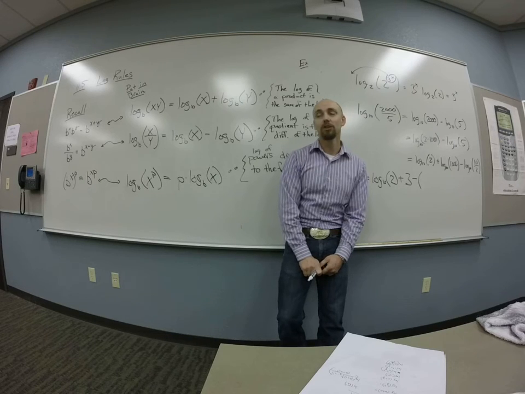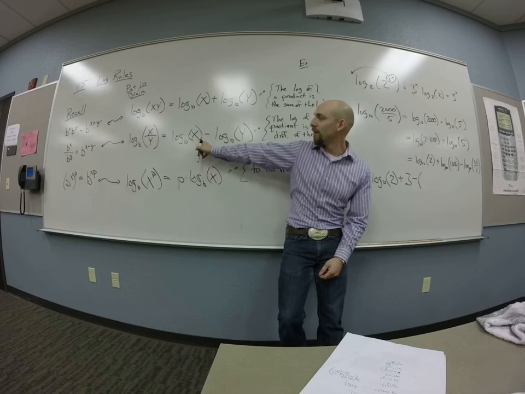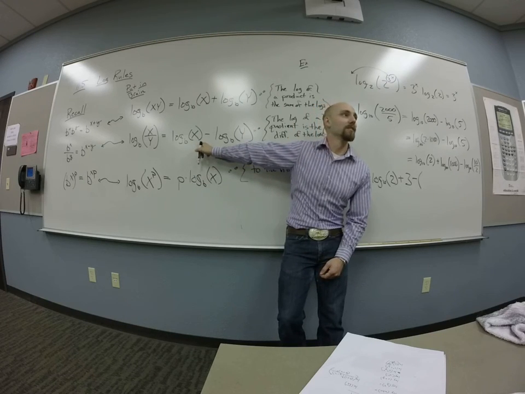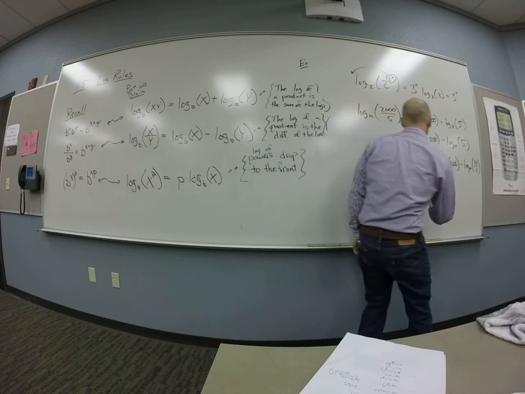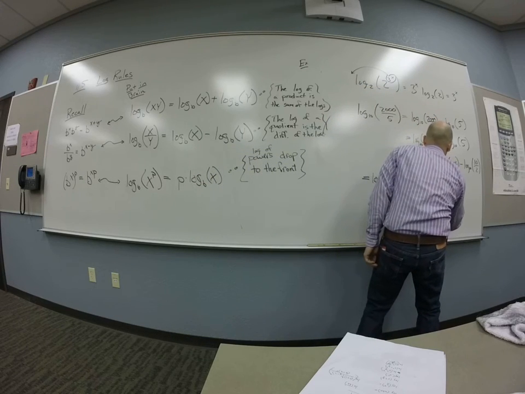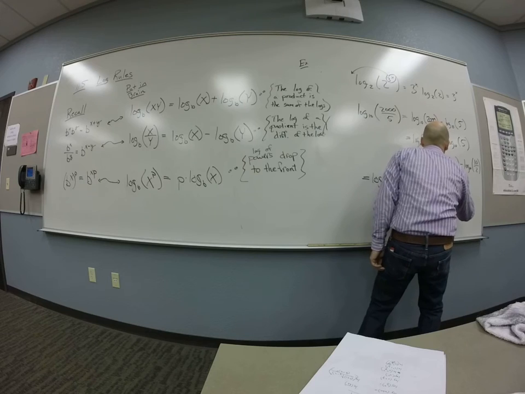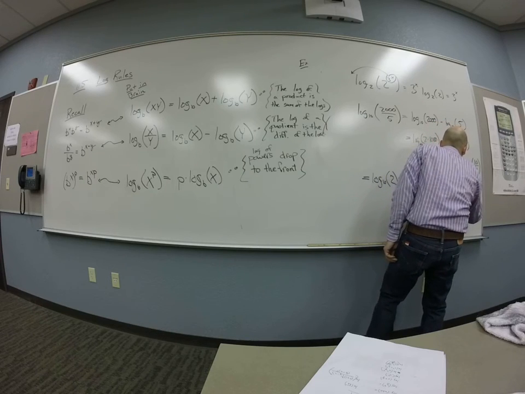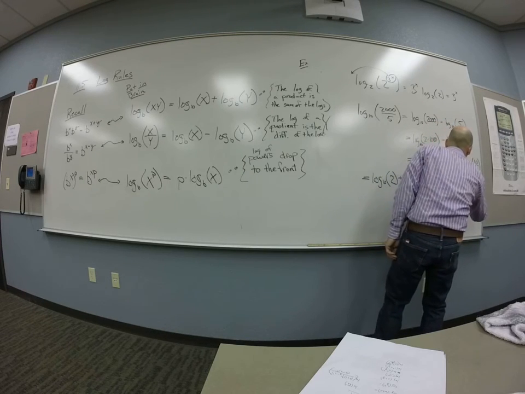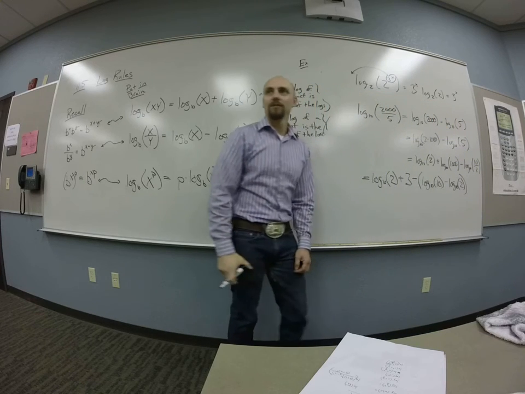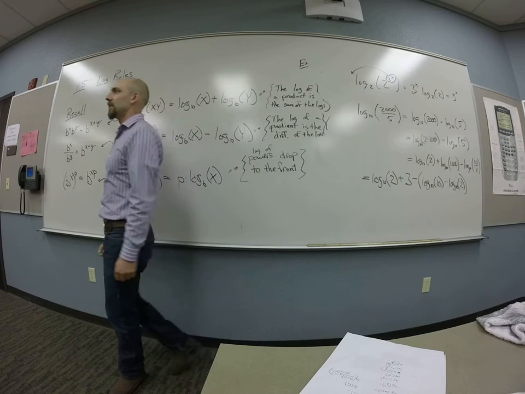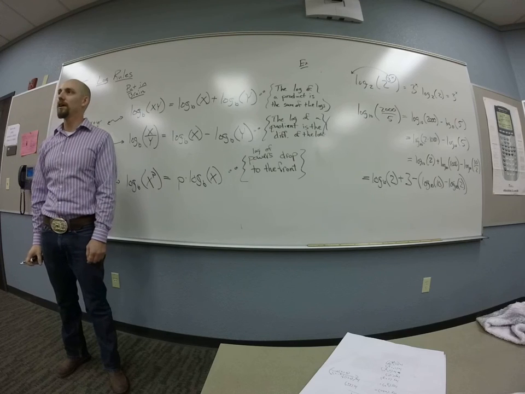You guys see that? So those aren't the same, so I can't do anything with that. But I can apply my second rule and get log base 10 of 10 minus log base 10 of 2. You guys see that I had to throw some parentheses in there because I meant to subtract that whole thing?